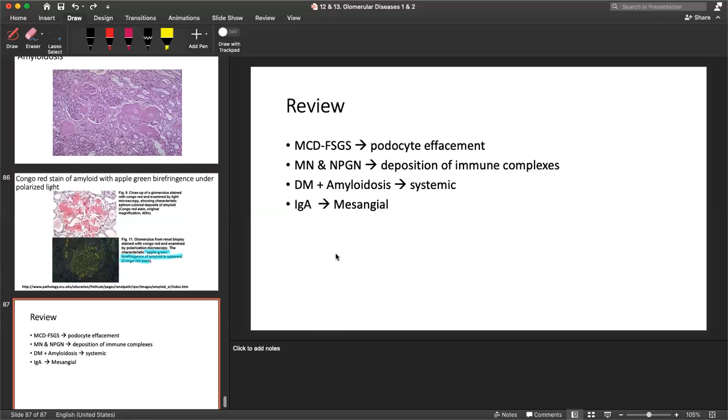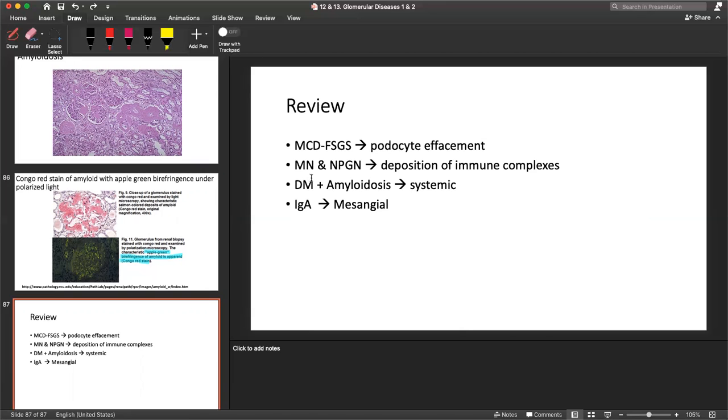Review. I know it was a lot. So our nephrotic and nephritic info: FSGS is going to be podocyte, so minimal change, focal segmental, podocyte effacement. More so with minimal change, like it looks real flat.